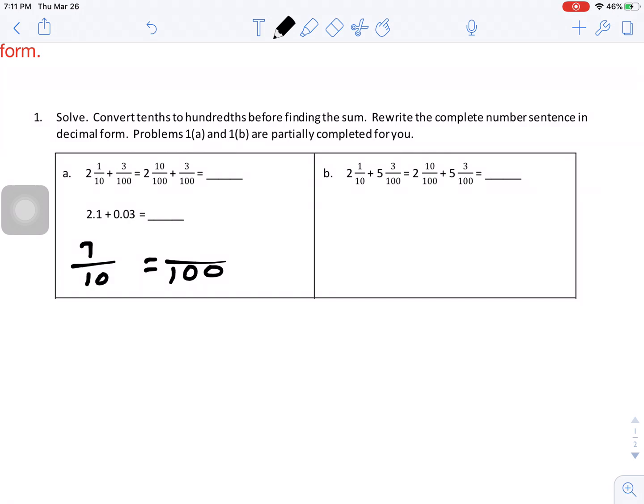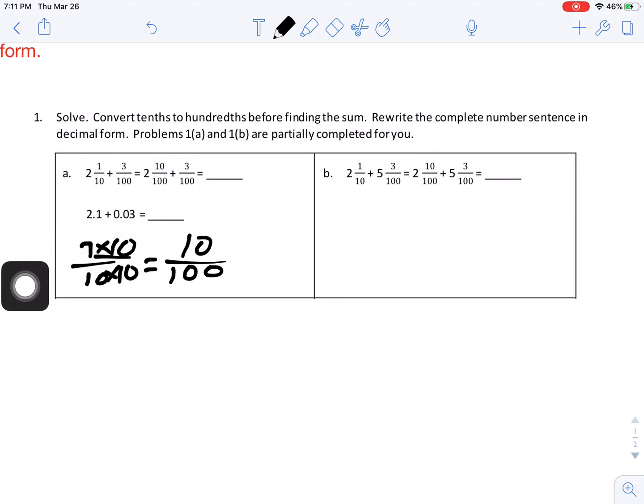We can ignore the 2 because that's a whole number. We need to know how to get 10 to be 100. We've learned that 10 times 10 is 100, so we just do the same to the top. So that's not a 7, that's a 1. 1 times 10 is 10. This is how they got 2 and 10 hundredths.